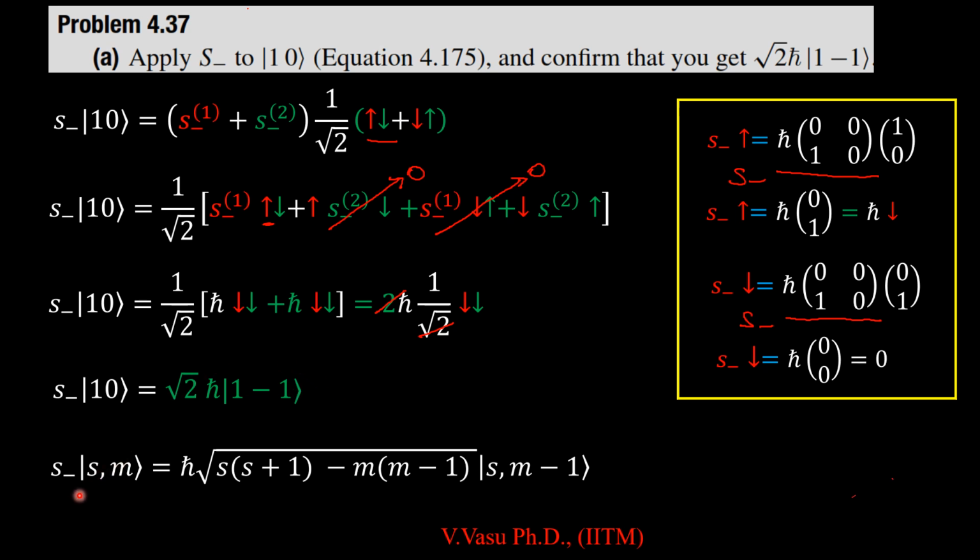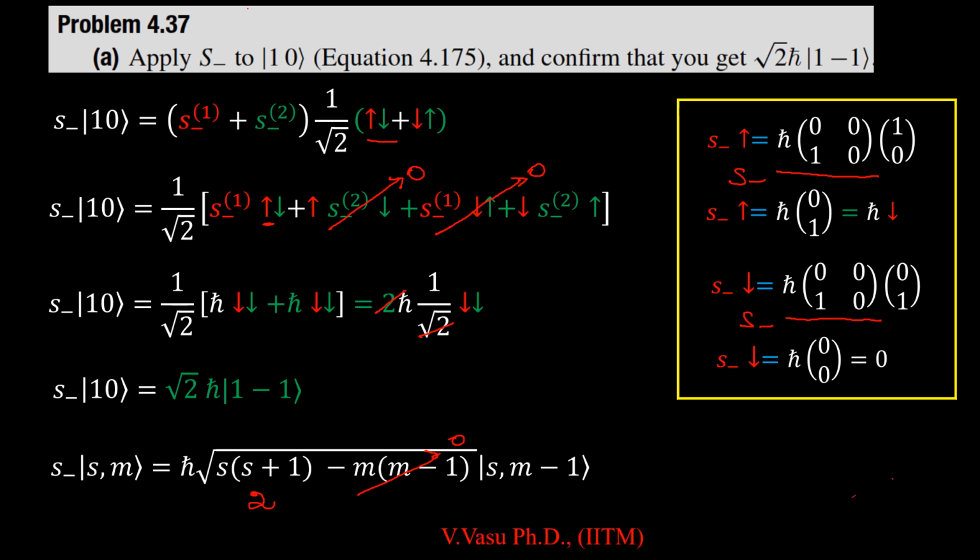You can also use the formula: when S minus acts on ket s m, you get h-bar times the square root of s(s+1) minus m(m minus 1), ket s, m minus 1. Here in our case s is equal to 1 and m is equal to 0, so the m(m minus 1) term becomes 0. For s(s+1): 1 into 1 plus 1 is 2, so 1 into 2 is equal to 2.